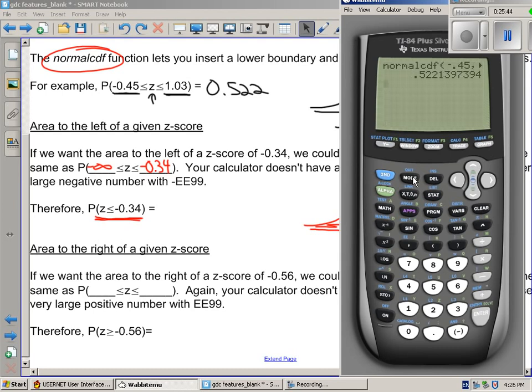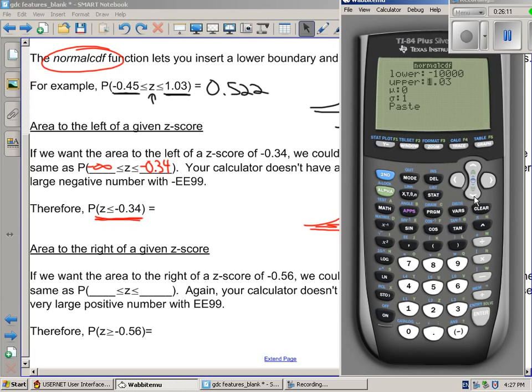So let's go back to the calculator. If we wanted to do this one, probability that z is less than negative 0.34, we'll go to the distribution, normal CDF. I'm going to tell it my lower boundary is negative infinity, which I'm going to approximate with negative 10,000. Because it's not going to make a difference. When we talk about negative 10,000 standard deviations away from the mean, that's pretty remote probability.